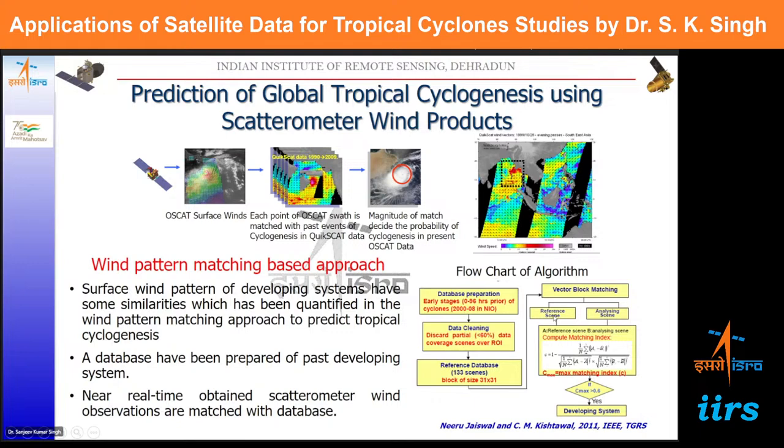Once any tropical cyclone forms in real time, they try to match this wind pattern with the real-time wind. They used the vector block matching algorithm.